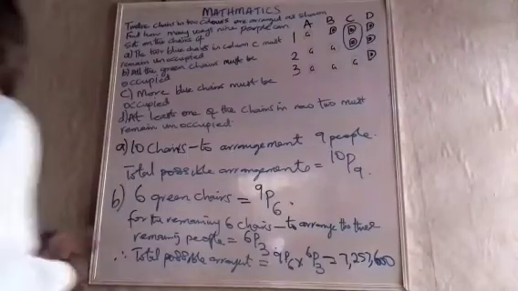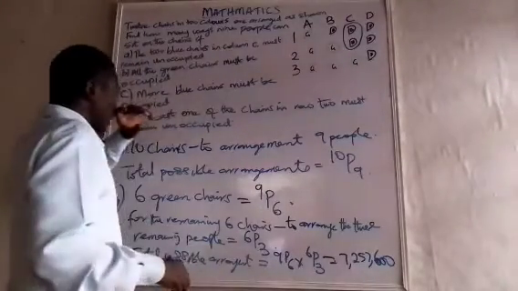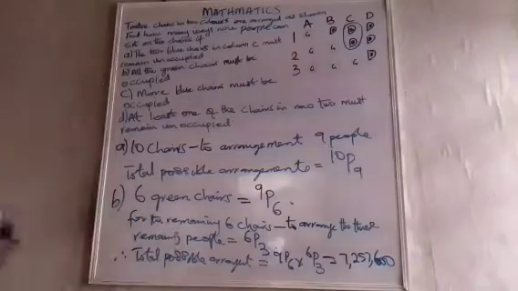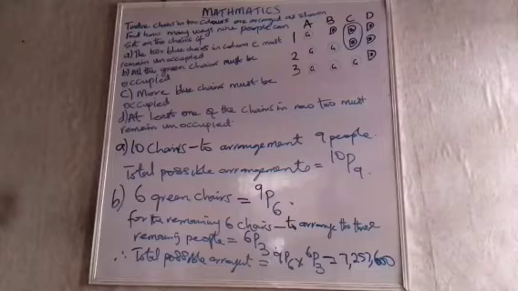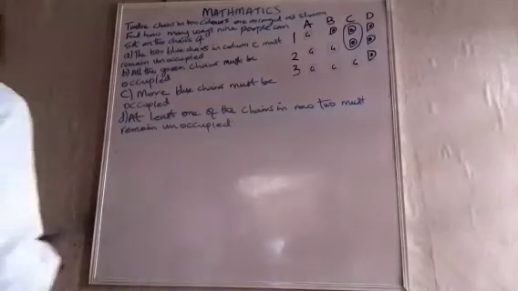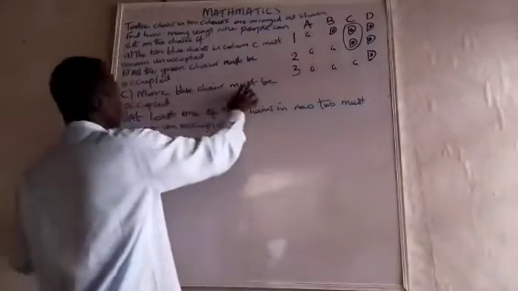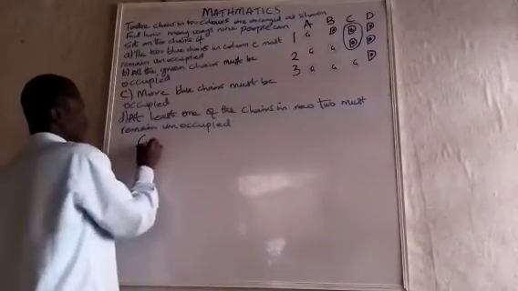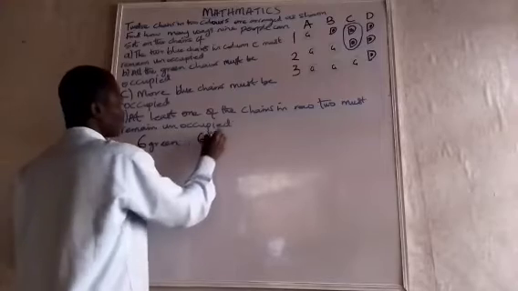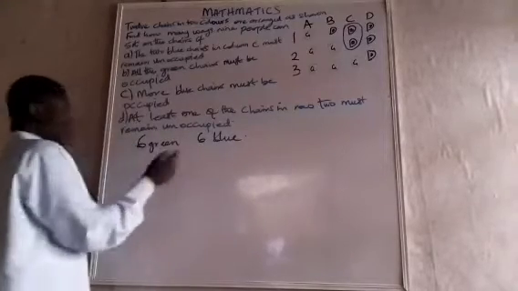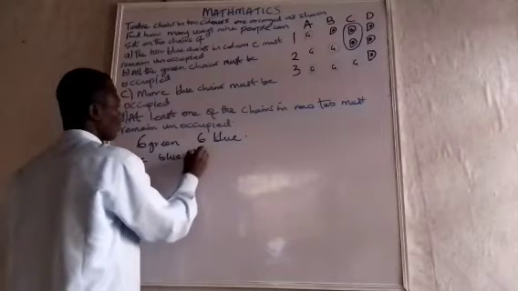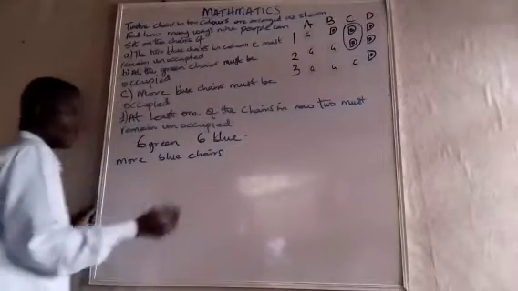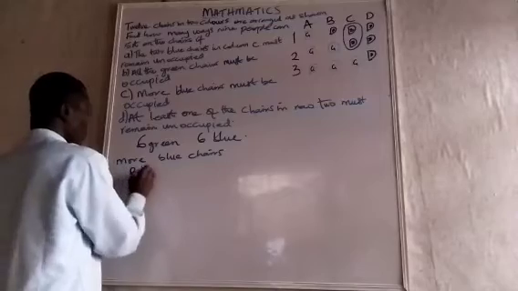Now, the third one says, more blue chairs must be occupied, which means that we are going to arrange the 9 people to occupy more blue chairs than green chairs. Let's see how it will be. We have 6 green and 6 blue. So if we want to have more blue chairs, the arrangement will be blue, green.